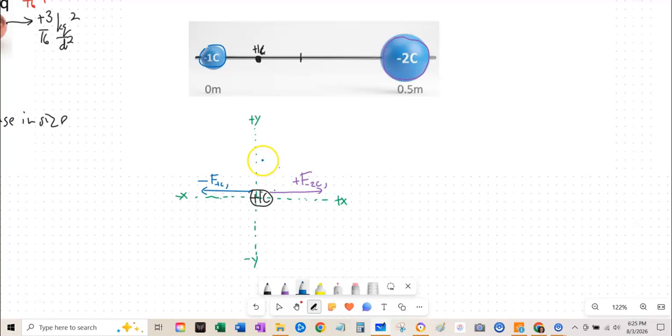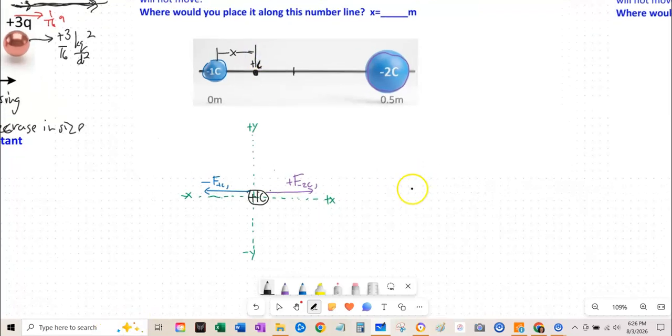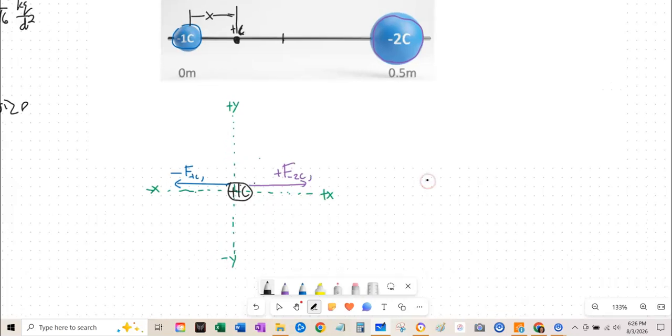Okay? Now, here's the problem. We don't know the actual distance. We know these two things are separated by half a meter. Okay, so we have to make up some stuff here. Let's say it's a distance x from the -1 Coulomb charge. So I am going to put that distance right here.